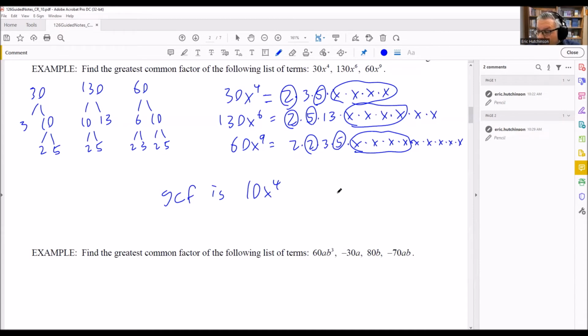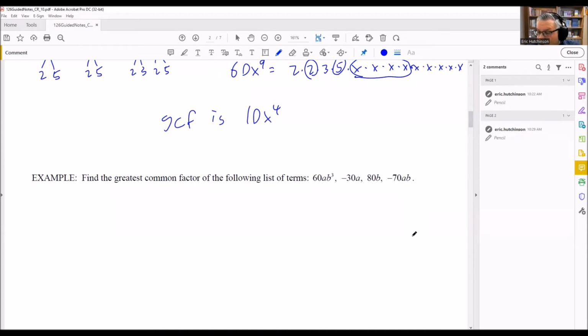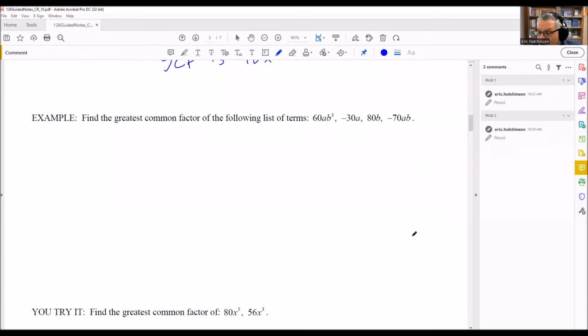So now let's take a look at the other one down here. Okay, so this one has 4 terms that are in it. Now, if I take a look at each of these, I can still do the same factor tree as before. So this is going to be the 6 and 10, 2 and 3, and 2 and 5 we have for that one.